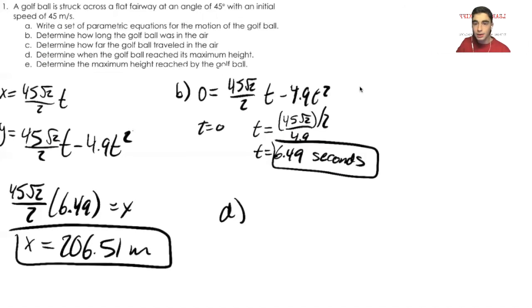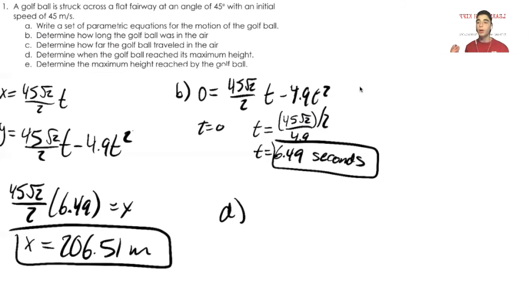The time it reaches its maximum height, it's a parabola, so we know the vertex could either be the maximum or the minimum. In this case, it's obviously the maximum because it goes up and comes back down. We find the maximum because it's the midpoint of the two ends on a parabola.